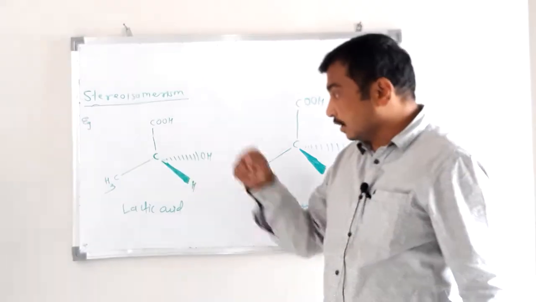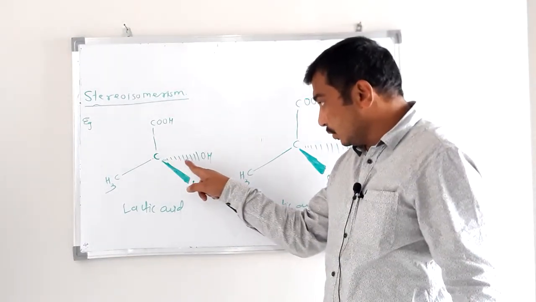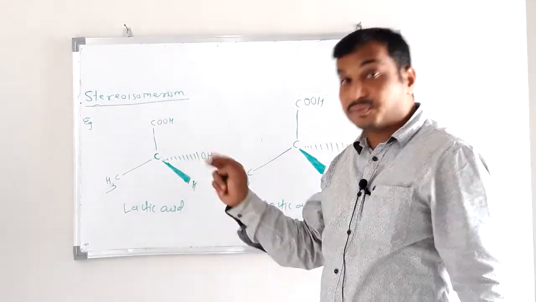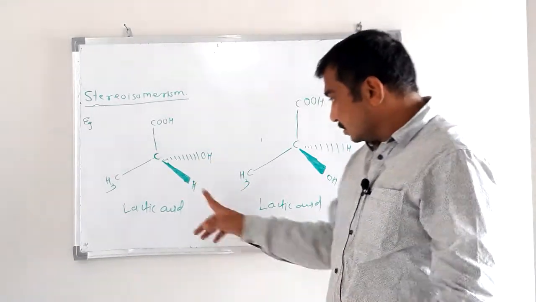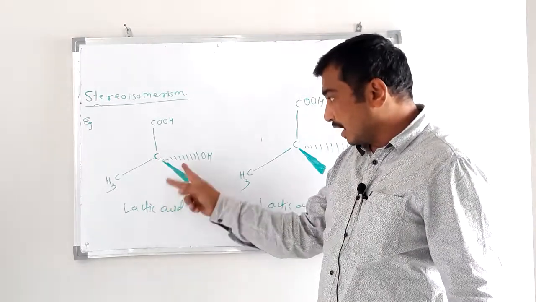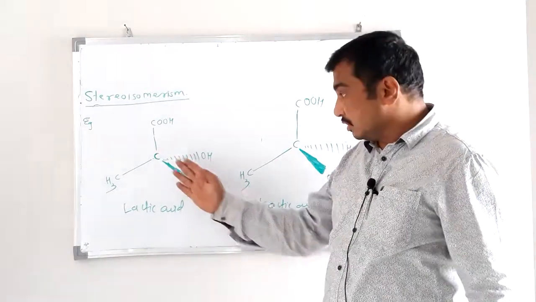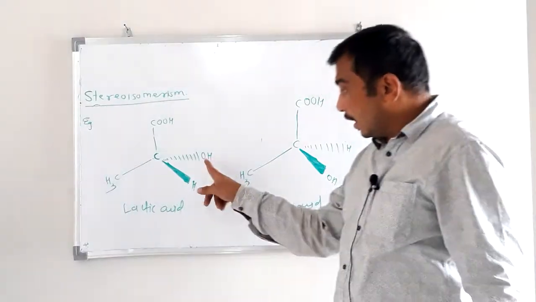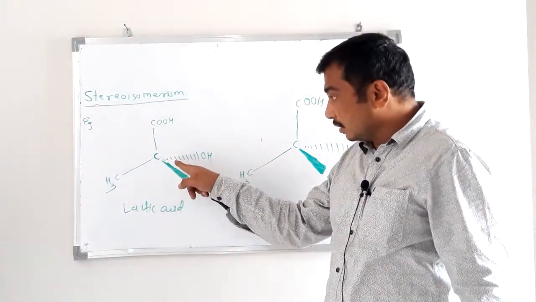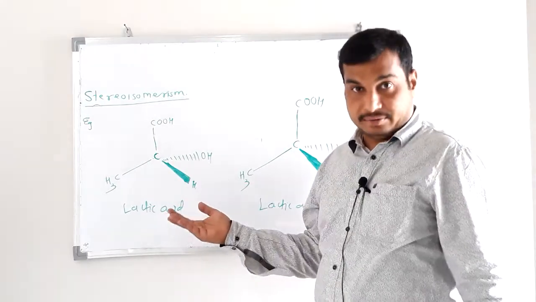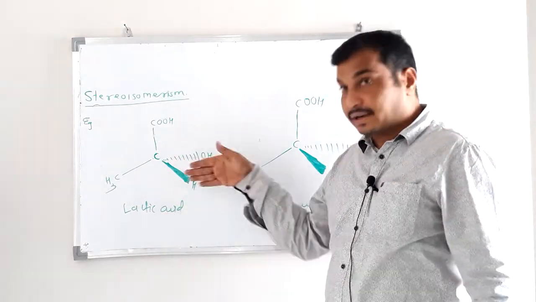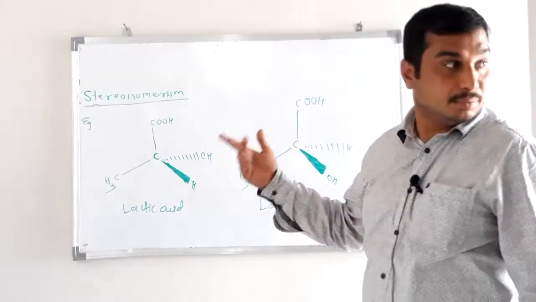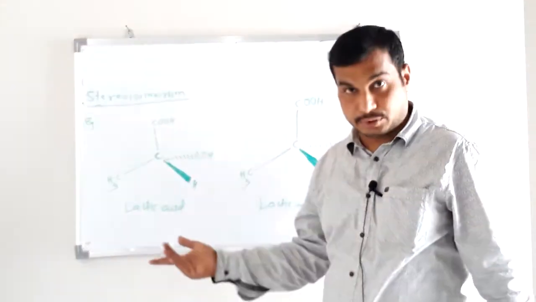In this structure the OH group is present on the rear side or back side, and the hydrogen atom on the front side, because hydrogen is attached to carbon by a wedge bond, which means it is coming toward the observer. The OH group attached to this carbon is on the back side of the plane, because it is attached by a dash line, so it is moving away from the observer.